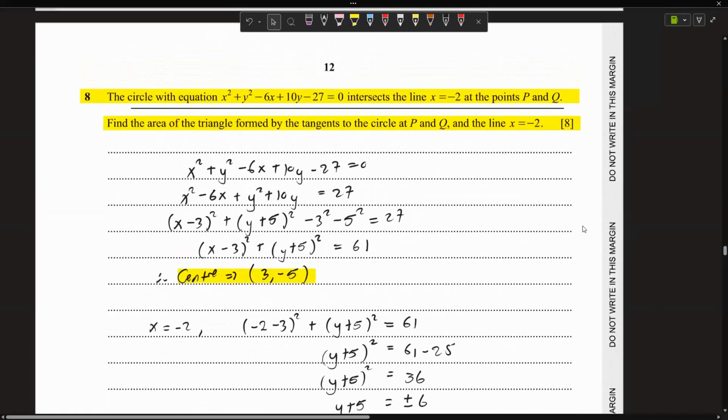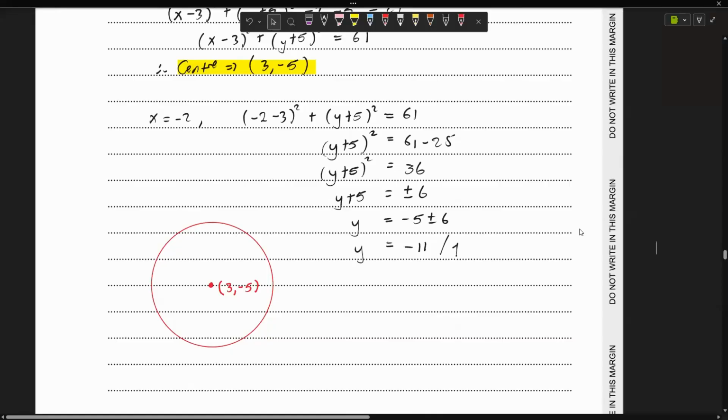Then we've got the line x equals negative 2. If this is an x coordinate of 3, we can have that line maybe somewhere down here. Okay, something like this.